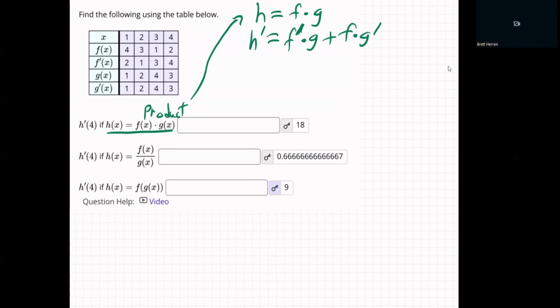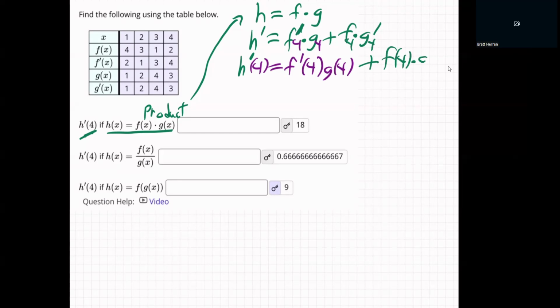They take turns. So when they say h prime of 4, you plug in a 4. That's going to be f prime of 4 times g of 4, plus f of 4 times g prime of 4, right?